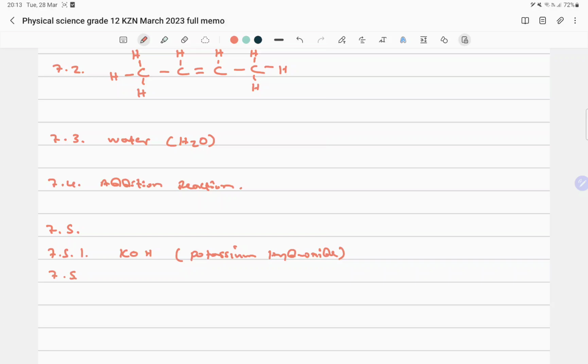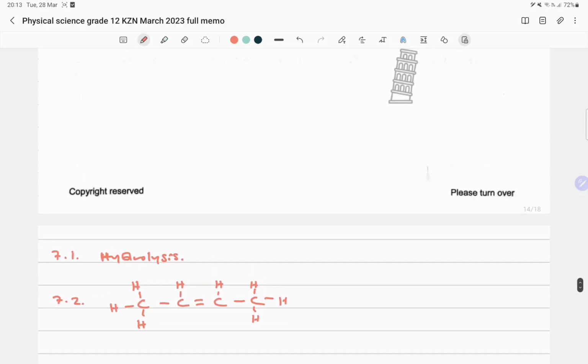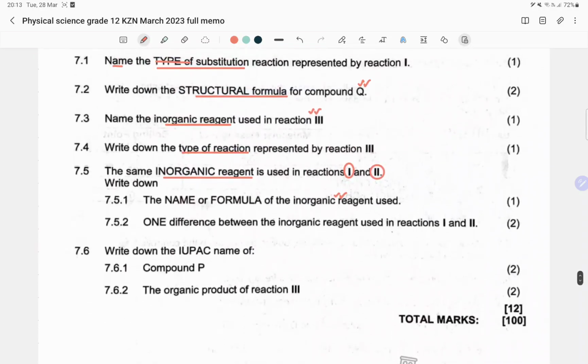Don't be surprised, because this instruction is binding. If it says name or formula, that means either one of the two, but not both. I'm writing both for your own benefit, but don't do it. Do just one.